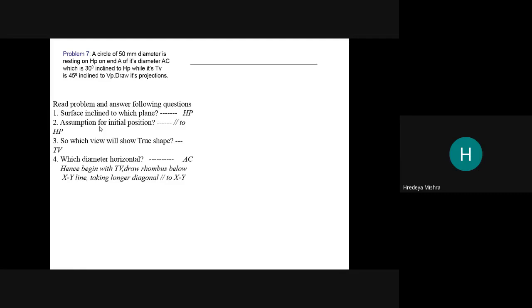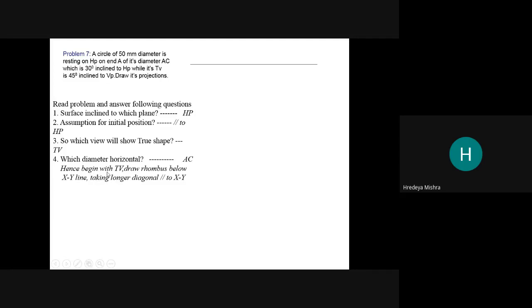Which view will show the true shape? It means the top view shows the true shape. Which diameter is horizontal? Because AC is inclined, we assume that AC is horizontal.